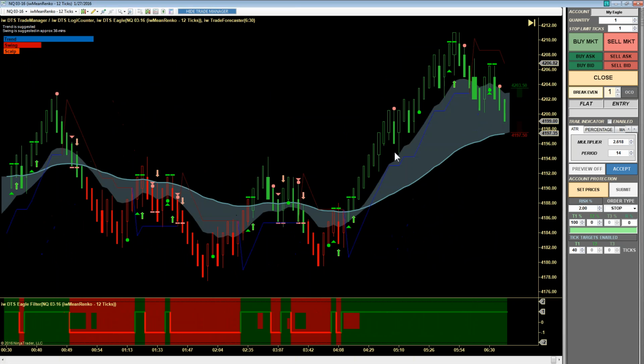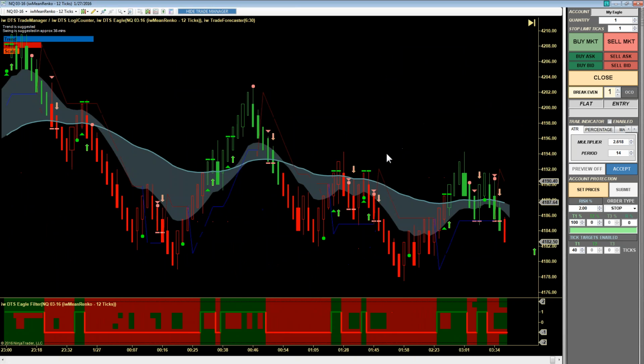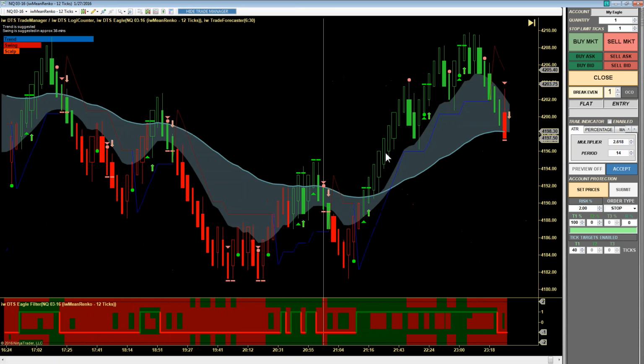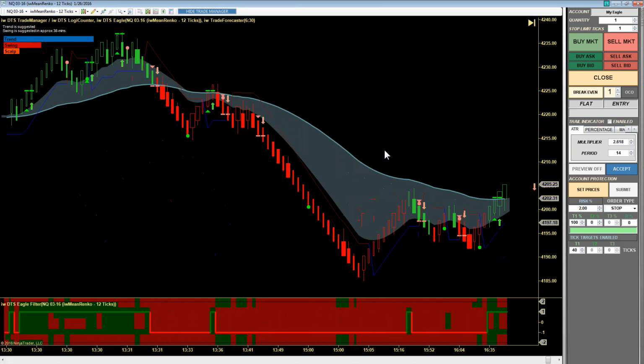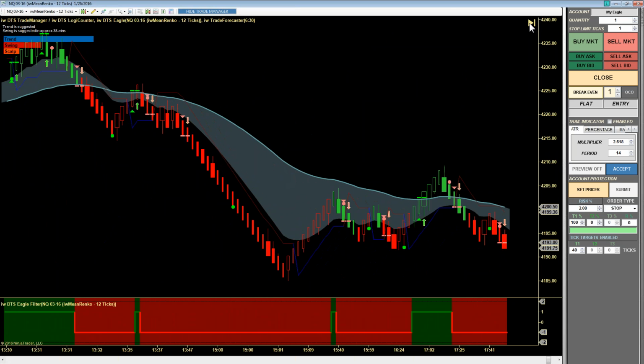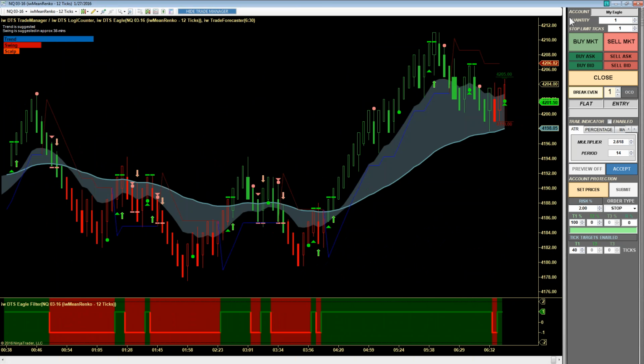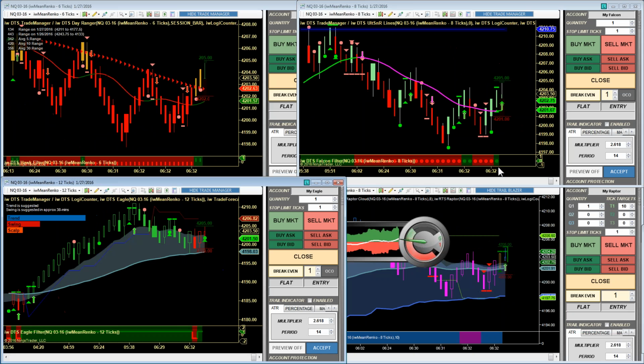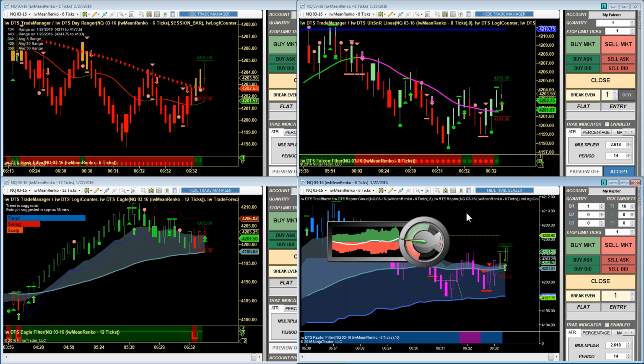But let's see, where did we open? We opened around 42.08. And you can see here from yesterday's session toward the close, the market took a steep decline. So this is going to look a little bit like an opening gap to the traders this morning. We might take a look at perhaps taking a long position here.